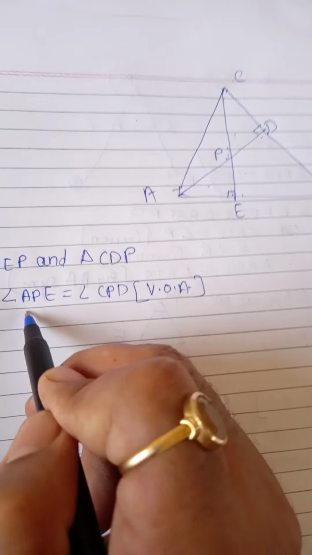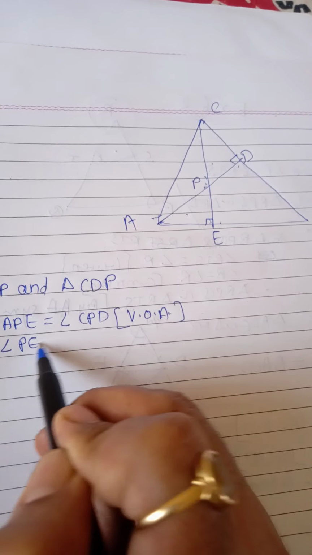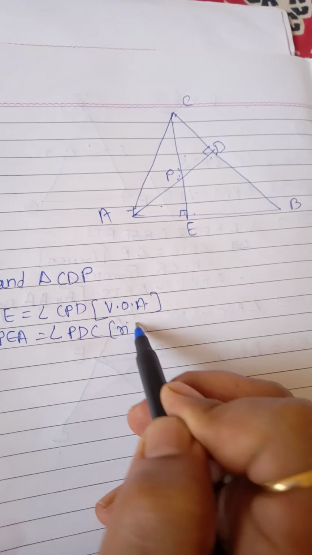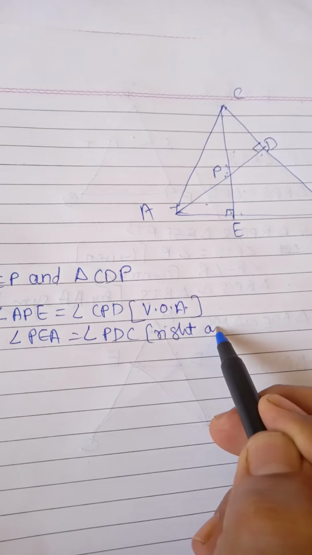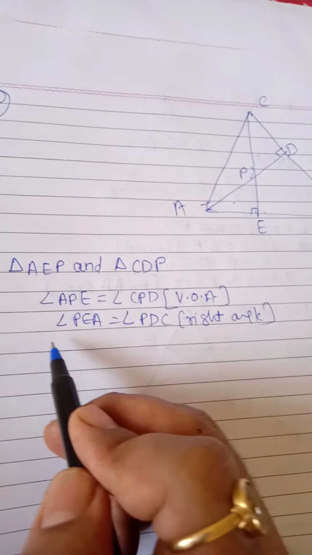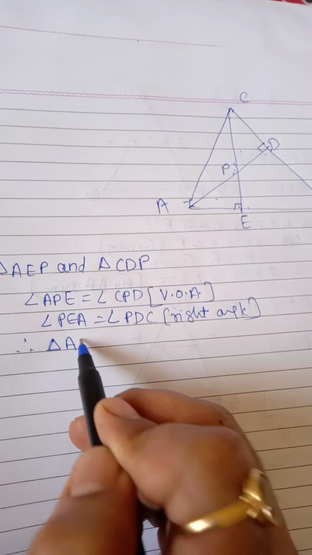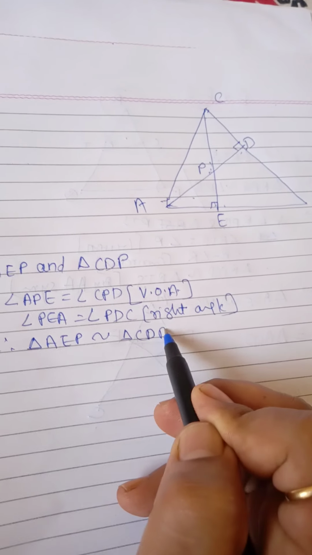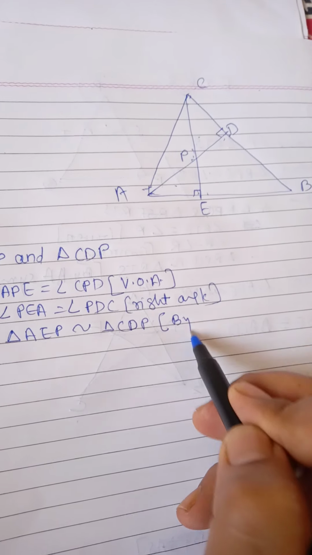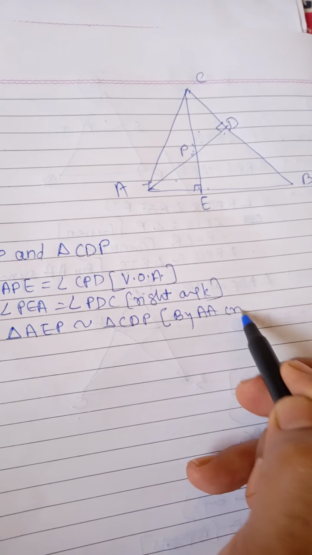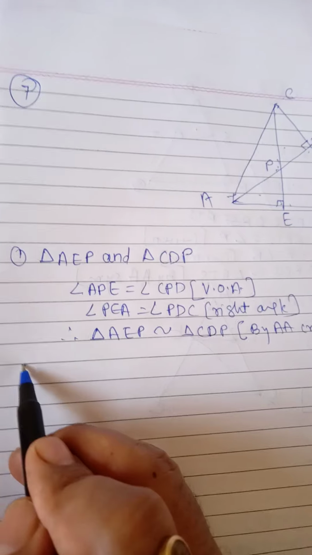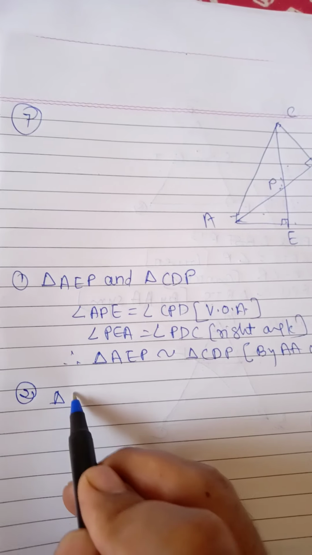So I will write angle PEA is equal to angle PDC. Reason, it is what? Right angle. And therefore I will write triangle AEP is similar to triangle CDP by what? By angle criteria. That's what. See, very simple.